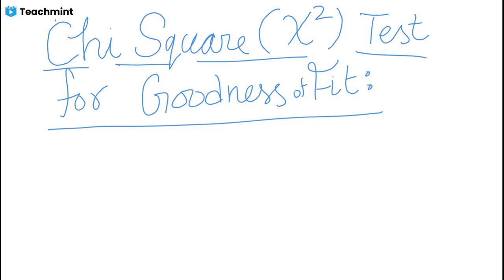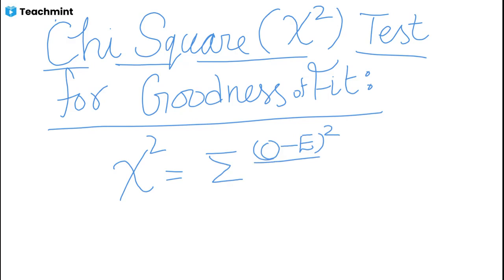And what is the formula? Chi-square is equal to summation of O minus E whole square over E, meaning summation of this entire expression.